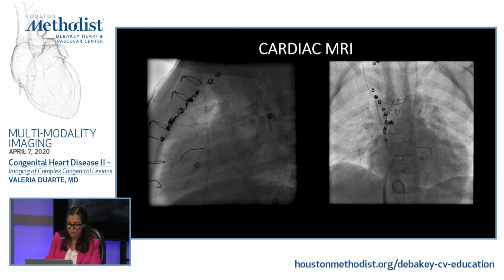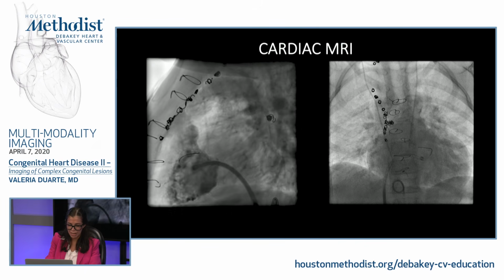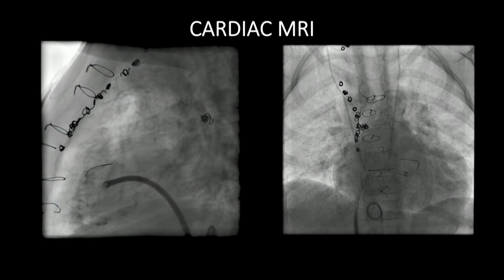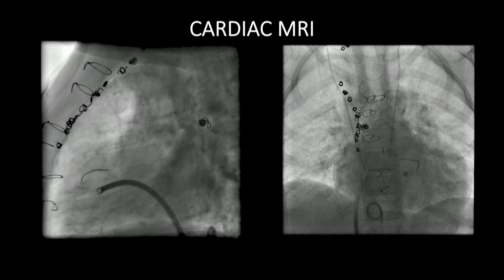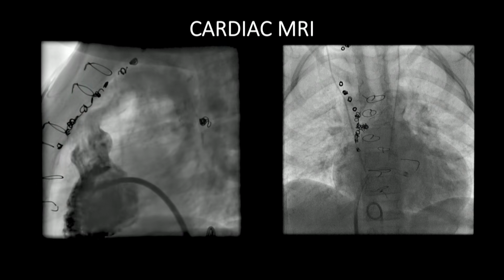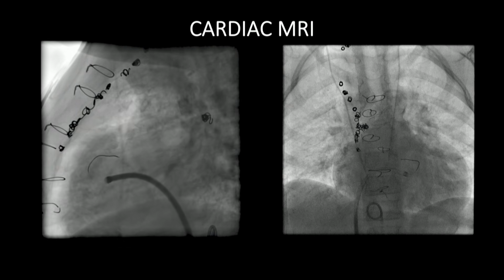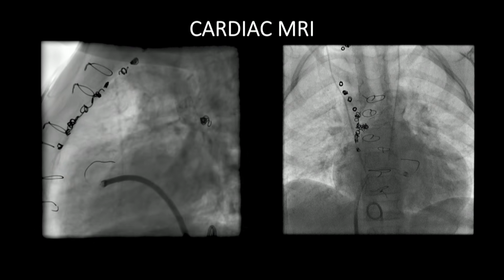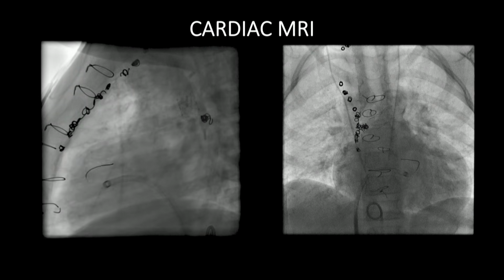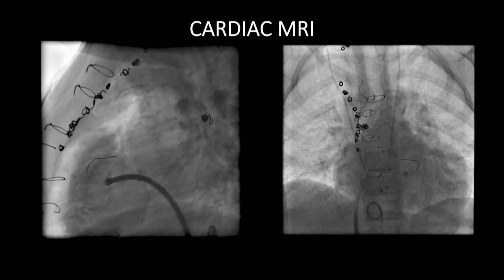Okay, and just to show you an example of why in MRI and in imaging we need to look at these things, this is a patient that had tetralogy with pulmonary atresia. We can see here, we're injecting the right ventricle. We can see a conduit right behind the sternum, right? That appears unobstructed.